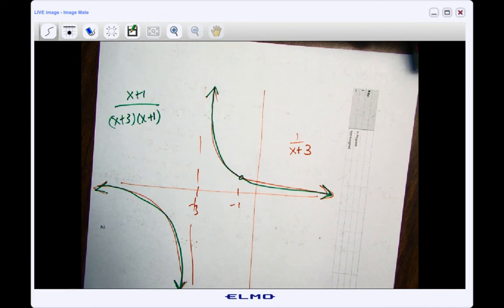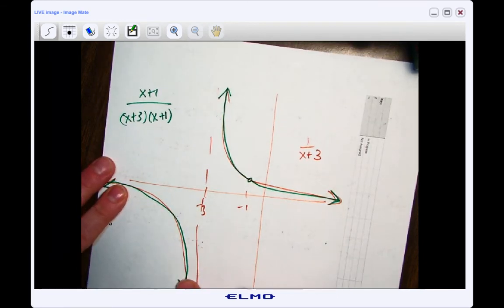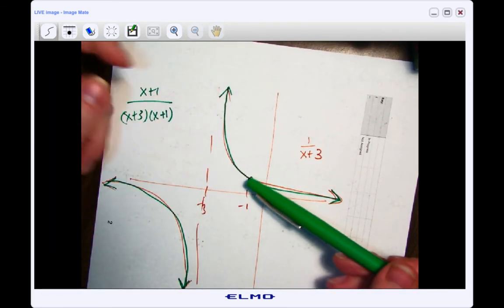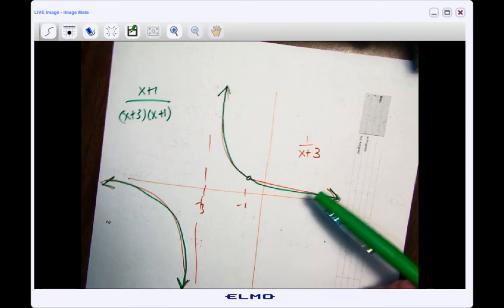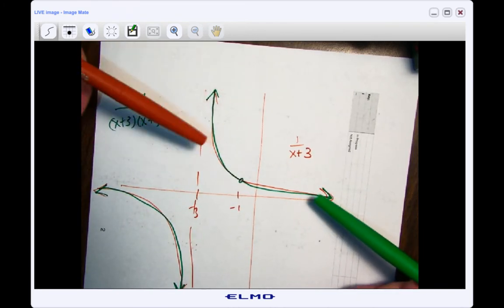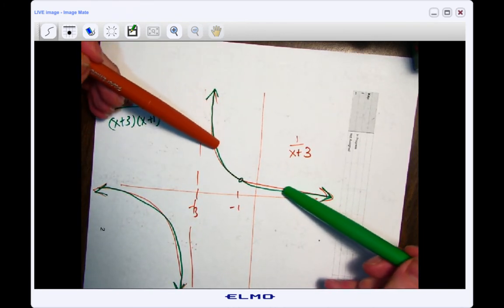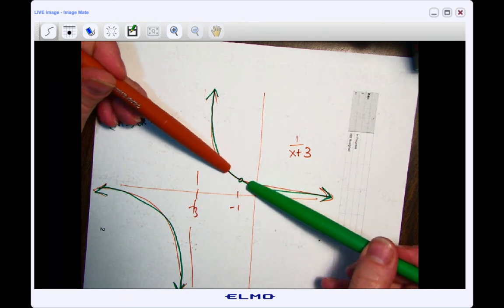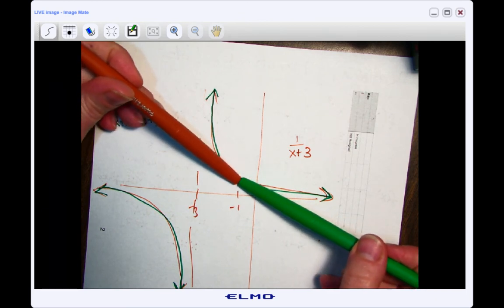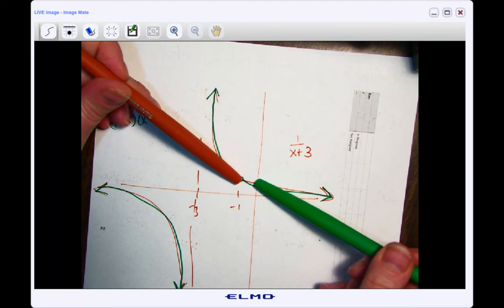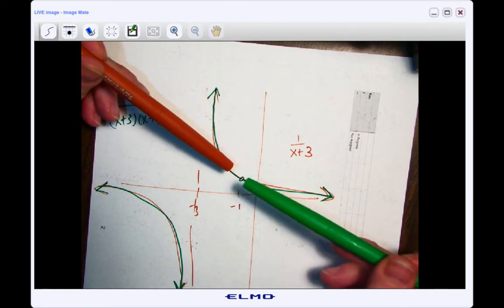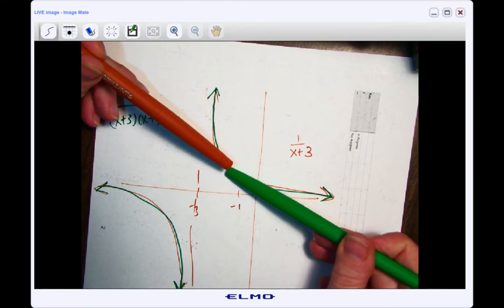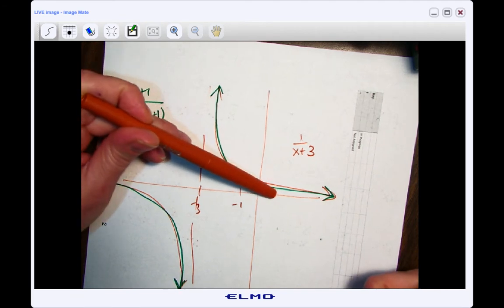Okay. So what's true about here is, let's take a look. If the hole has to be here at -1, and the green and the brown have to be sitting right on top of each other, what does that mean? It means that they have to both be getting close to that same value at that moment in time. And the green one's going to do a tiny little hop and then come back down, and the brown one's going to go right through.